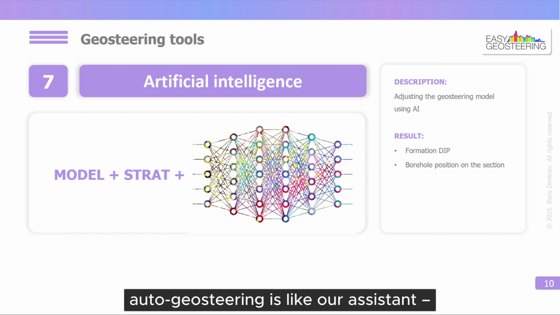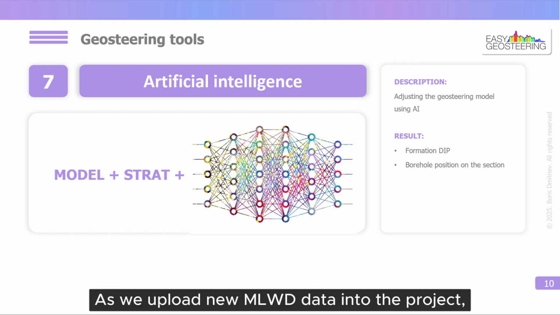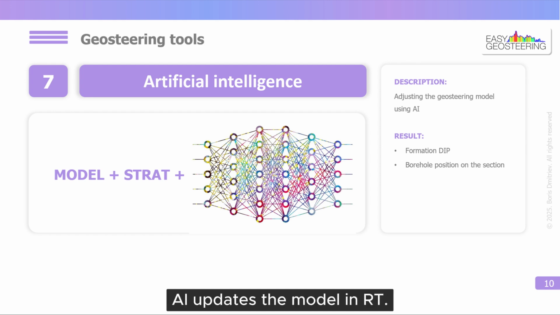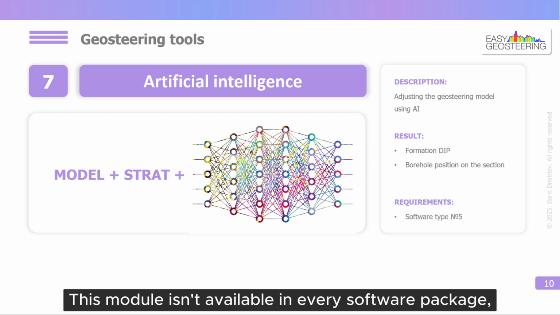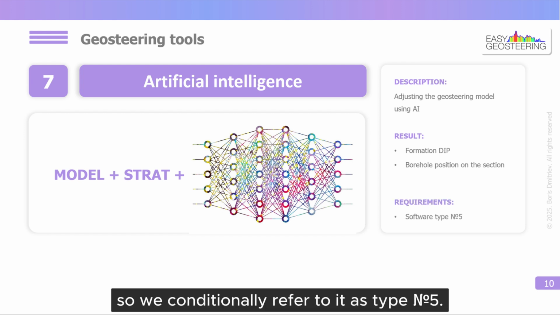In other words, auto-geosteering is like our assistant. We treat it as a second opinion. As we upload new MLWD data into the project, AI updates the model in real time. This module isn't available in every software package, so we conditionally refer to it as type number 5.